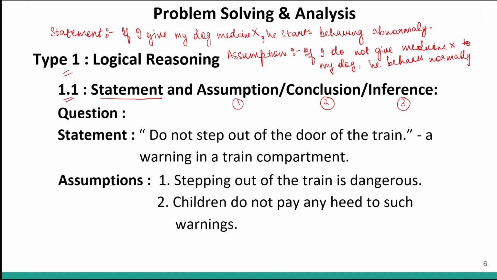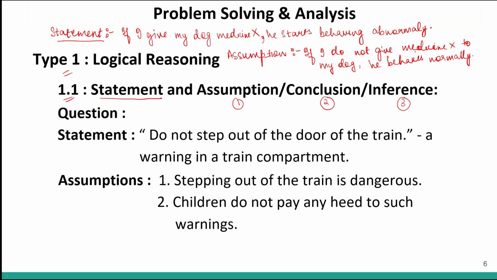So the assumption is that if no medicine is given to a dog, he is behaving normally. Because the statement says that only after giving medicine X, the dog starts behaving abnormally. So this is an assumption that if no medicine is given to a dog, he behaves normally.